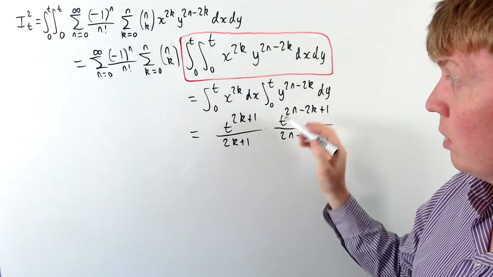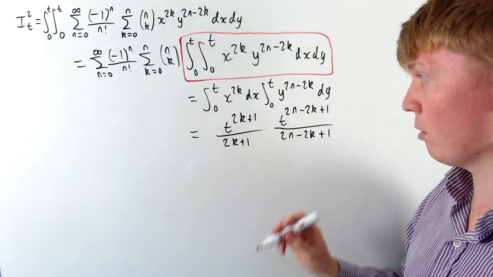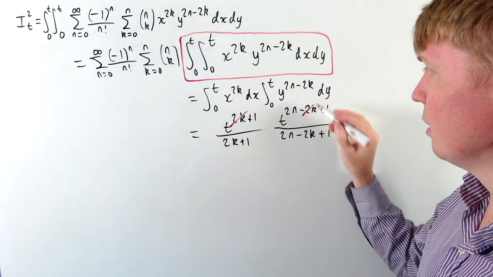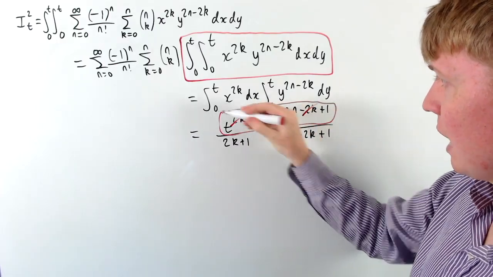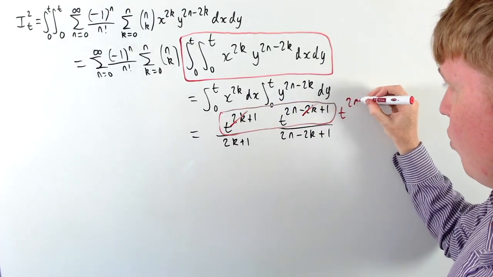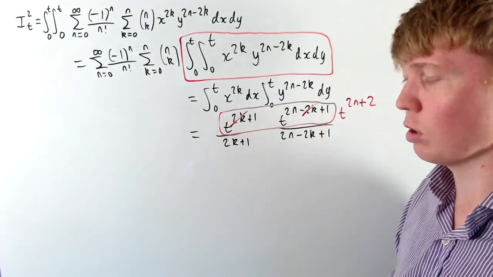So our double integral can now be written as this single product, and we can simplify our powers of t as well, because we've got 2k and minus 2k. All of this multiplied together gives us t to the power of 2n plus 2, because we've got the 2n plus 1 plus another 1 there.